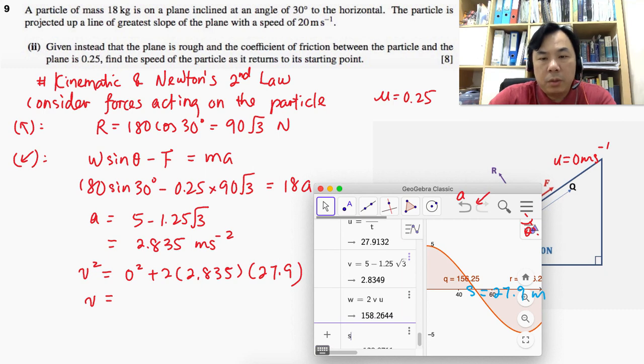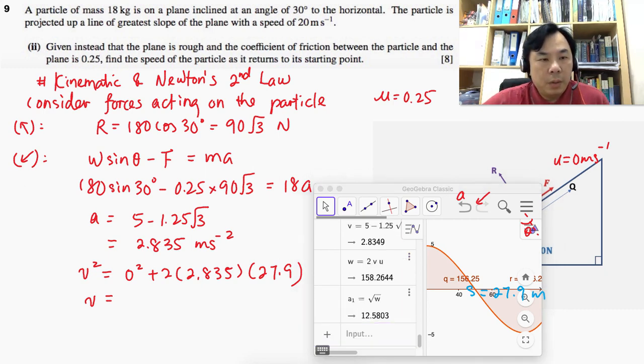Now take the square root, and I reach the speed when it returns to its original position at 12.6 meters per second to the nearest 3 significant figures.